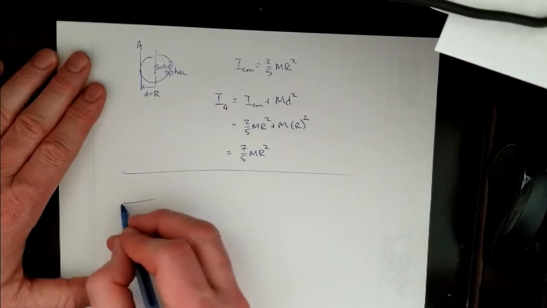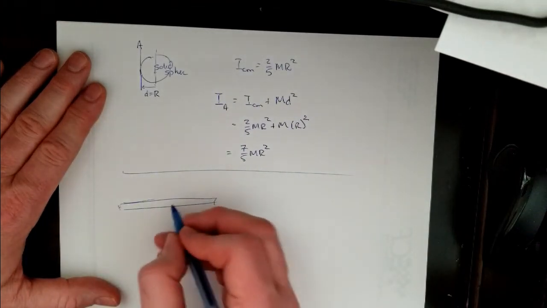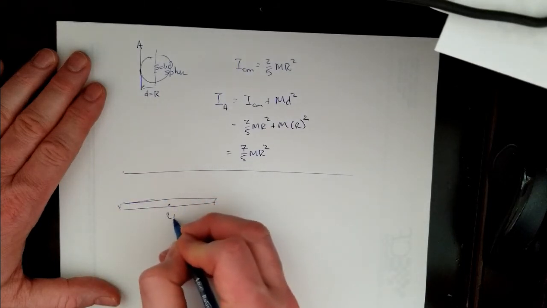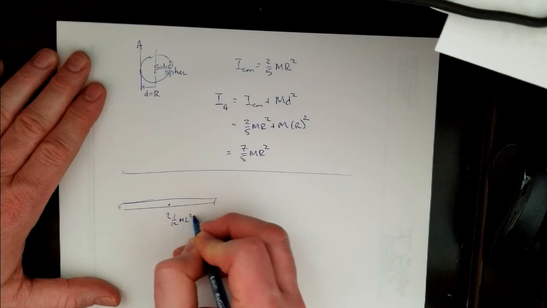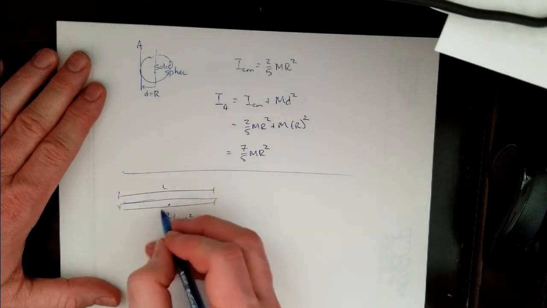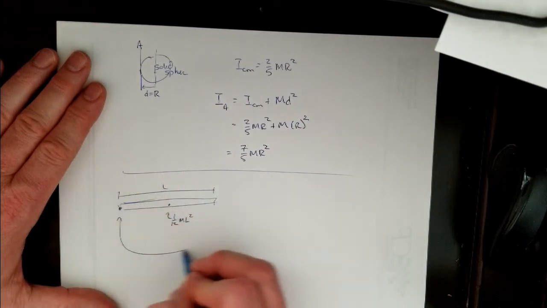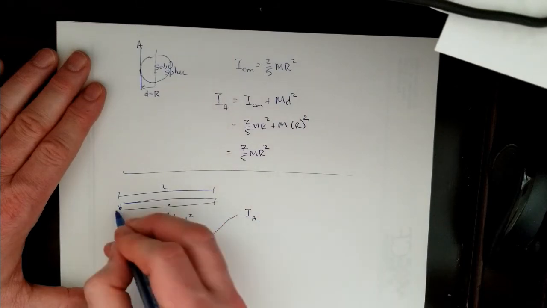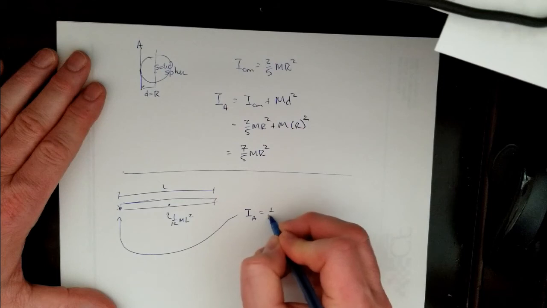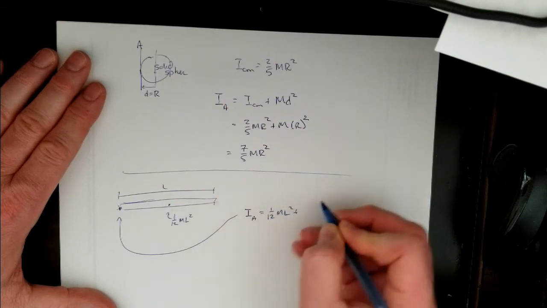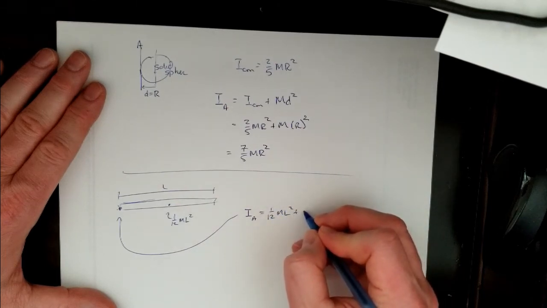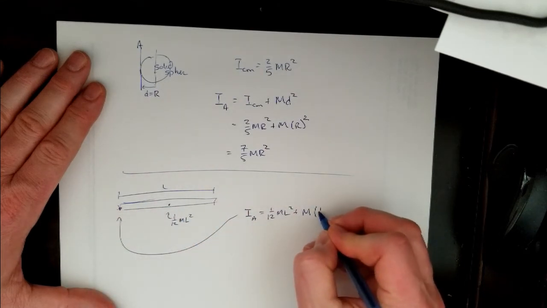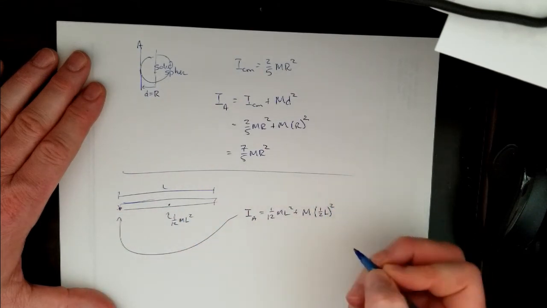Another classic is a really thin rod, which about the center is 1/12 ml squared, where l is the length. If I rotate it about the end instead of this point right here, that's my axis A. It becomes 1/12 ml squared plus the mass times the distance the axis moved, which is 1/2 L, squared.